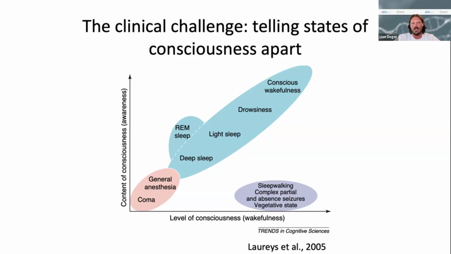So we cannot only rely on behavior to tell if someone's conscious or not. We need a measure of consciousness, or a proxy for consciousness, that optimally is derived from brain activity directly. And I will now talk about some exemplary cases. Of course, there is a lot of literature, but this will be out of scope again.